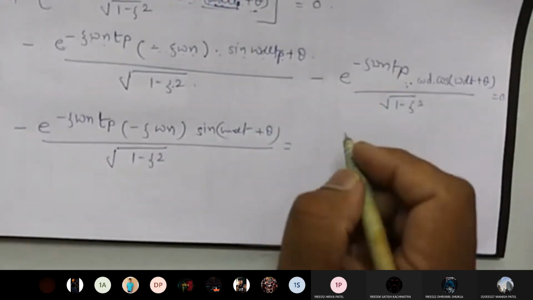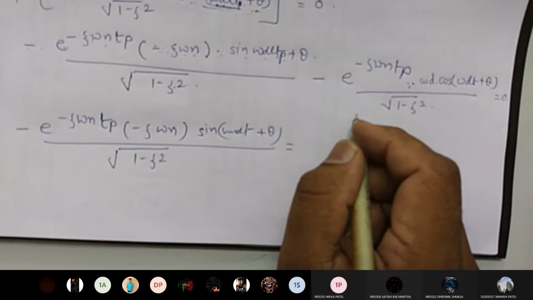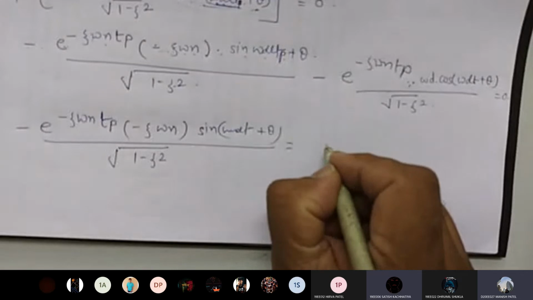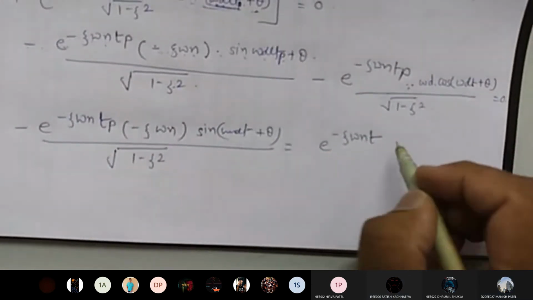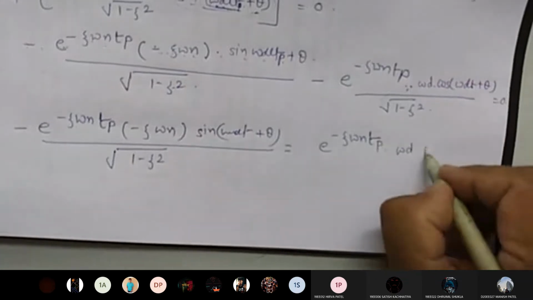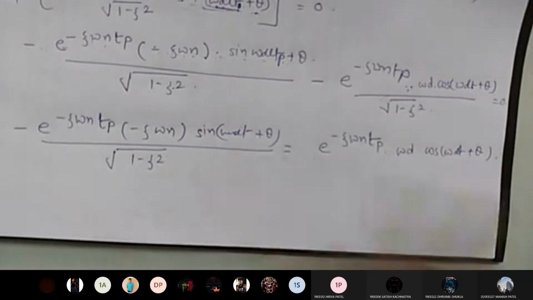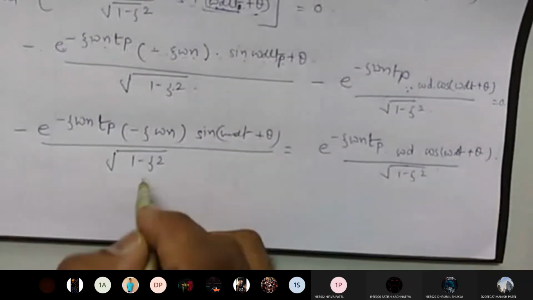I took the first side, so it will be plus. It will be zeta omega n into tp into omega d cos omega dt plus theta under root 1 minus zeta square.